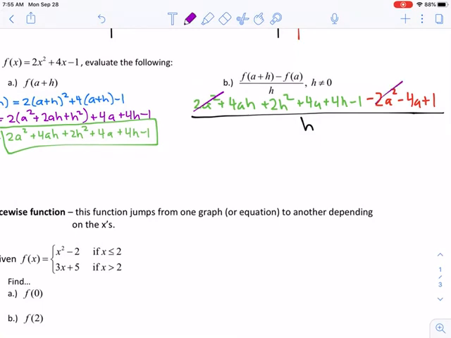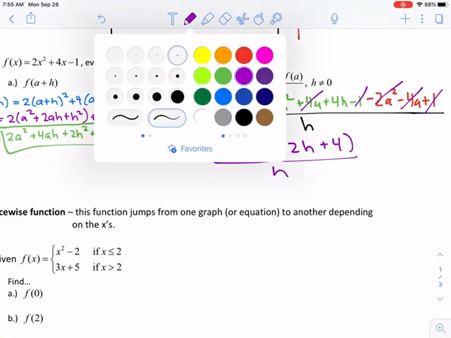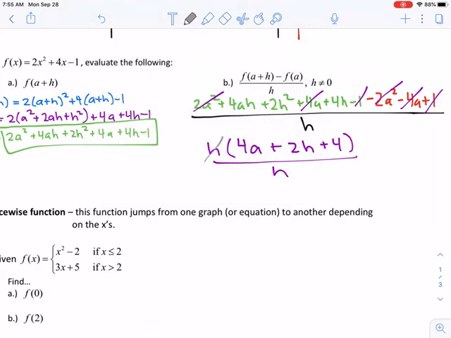Then I can see I have a 4a and a negative 4a, negative 1 and 1. And so if I take a look at my three terms left in the numerator, they all have an h. I can factor out that h, and I'm going to be left with a 4a plus 2h plus 4 all over h. And those h's cancel. And I'm left with 4a plus 2h plus 4.